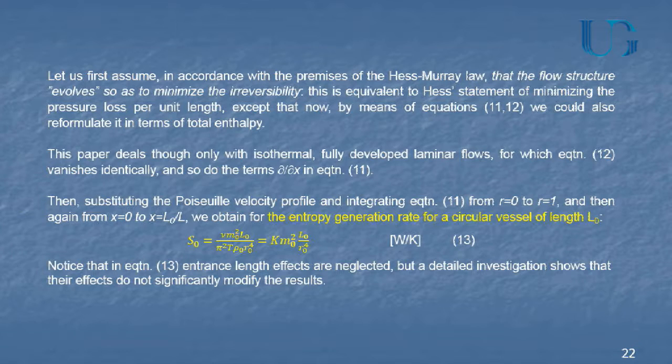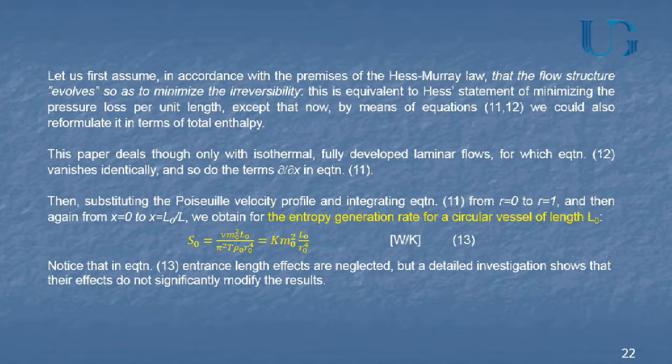But before doing that, I want to show you one of the premises which I made at the beginning, and I told you the Hess-Murray law is only one of the possible laws. Okay? Let's discuss why. If we look at the entropy generation, we said yesterday that the entropy generation rate in watts per degree can be calculated by multiplying the delta P times the volume flow rate, delta P times Q. Okay, if you do that, you obtain this formula.